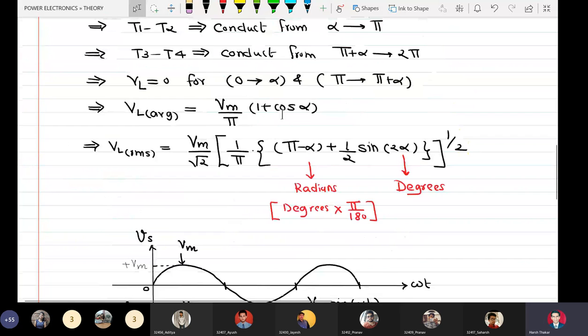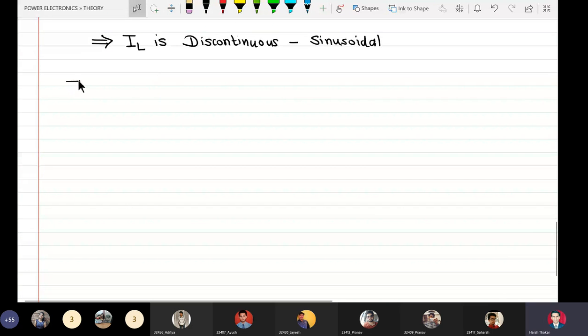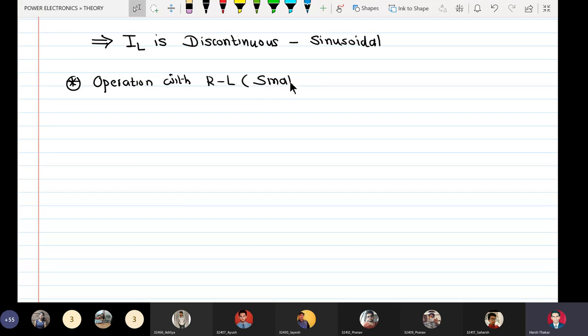Now we go to operation with RL load. RL means small inductive load.